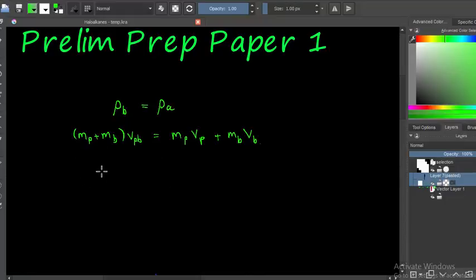So this total mass we said was 70. The velocity that they both were traveling in was 5 meters per second. The mass of the parcel is 4 kilograms. The velocity of the parcel is what we need to work out. And you'll notice that this is going to have a sign opposite to the 5 meters per second.